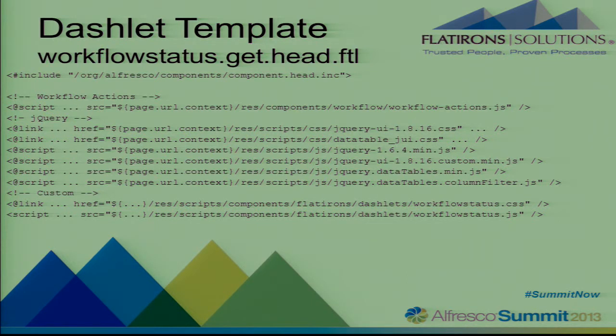So we needed to be able to reuse those instead of reinventing them. So we include that. And then for the table, we actually used the jQuery data tables. So we've blended some YUI with some jQuery to construct this Dashlet. And then, of course, our own custom code for the controller for the Dashlet.